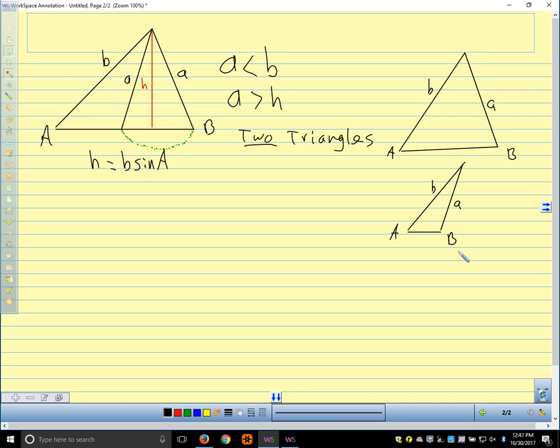Well, let's look at how those two triangles are related. Here is our original angle B in this triangle. And I'm going to highlight this triangle that I get when I swing that side around. These two sides of this triangle are the same. This is an isosceles triangle. So how are these two angles related?